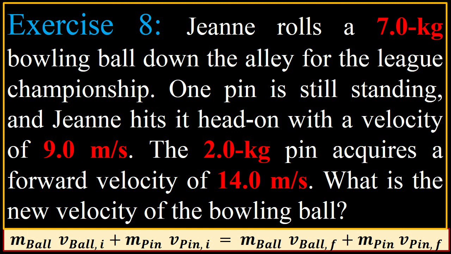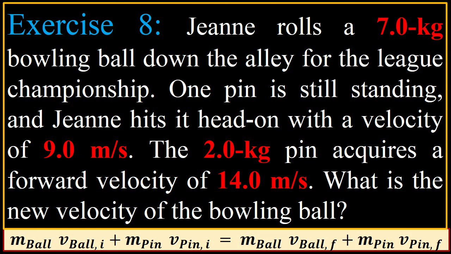So the initial momentum of the ball plus the initial momentum of the pin is going to equal the sum of the final velocities and final masses of the ball and pin. So what do we want to solve for?